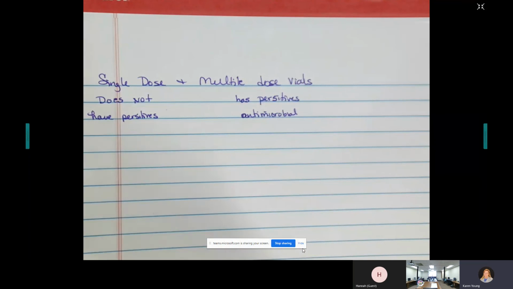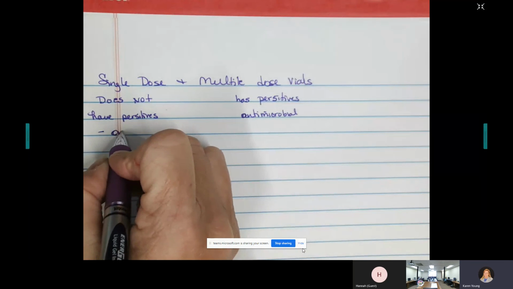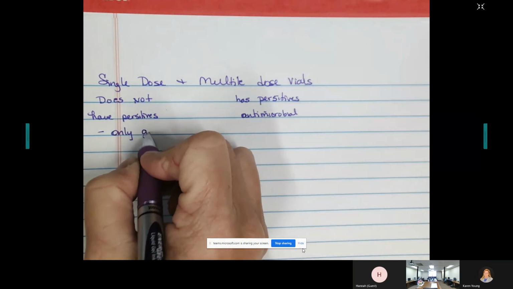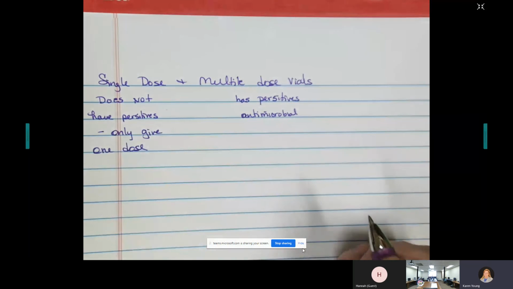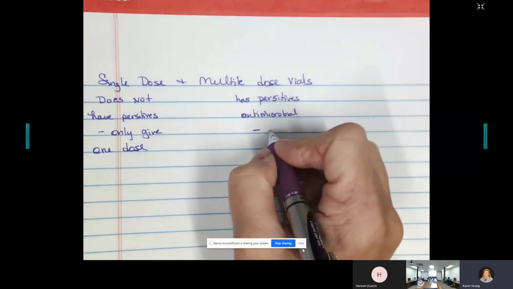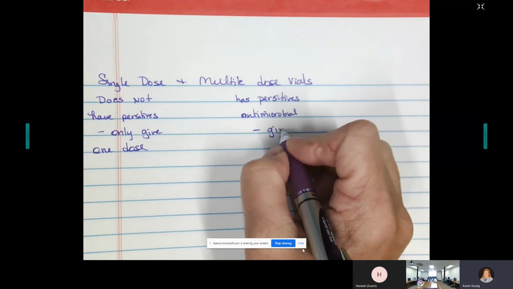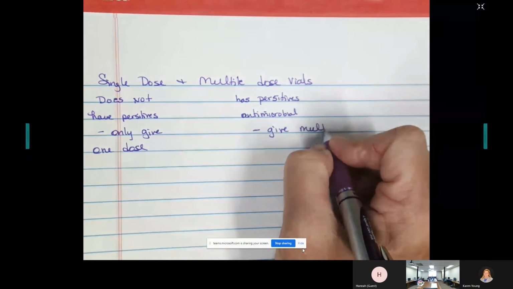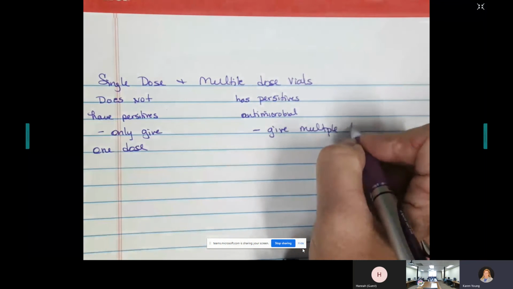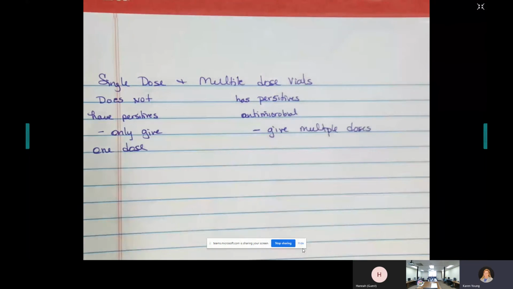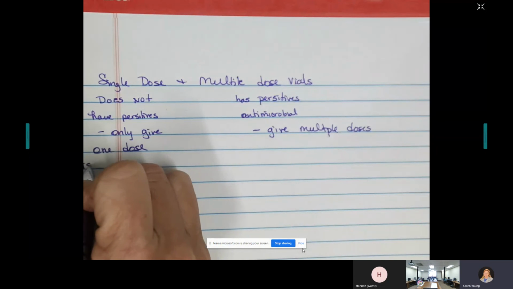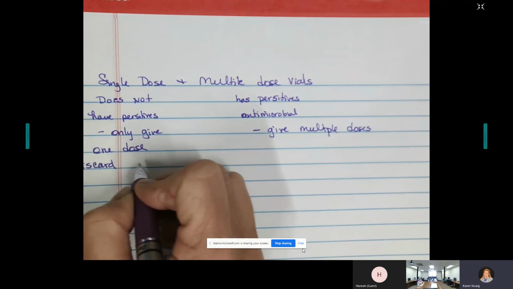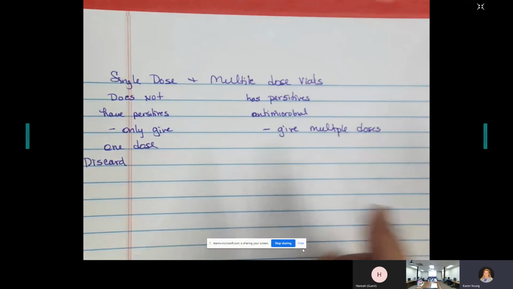A single dose, you can only give one dose from it. Kind of makes sense with a single dose. A multiple dose, you can give multiple doses. The single dose, you have to discard the remaining medication.